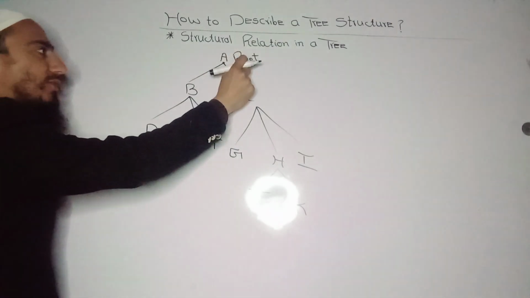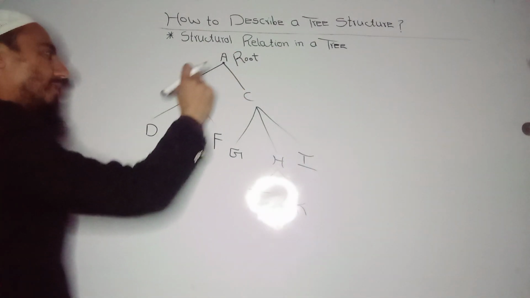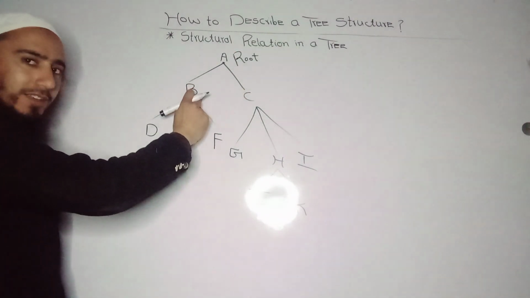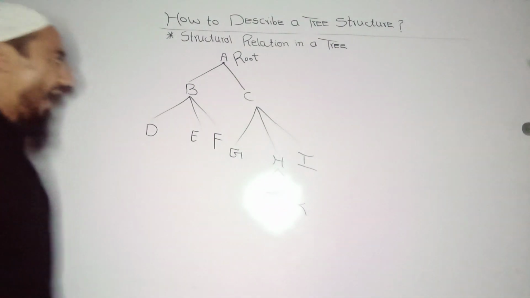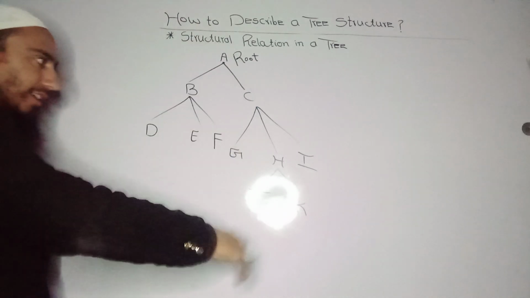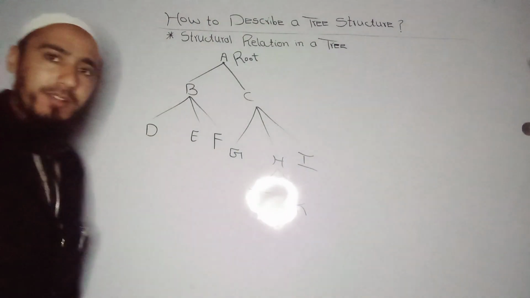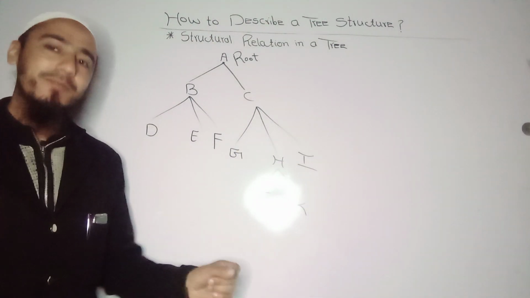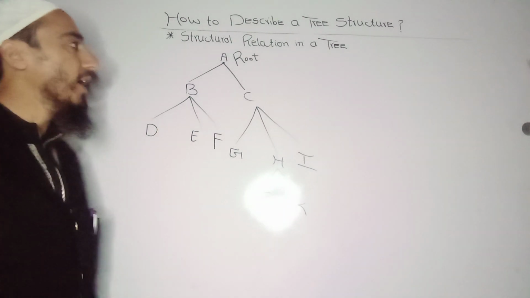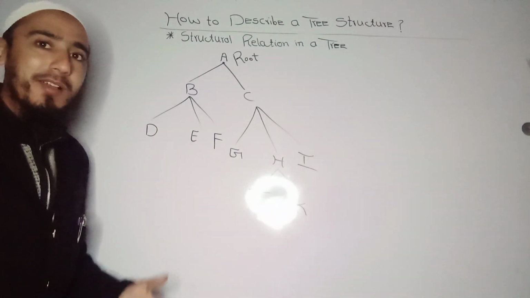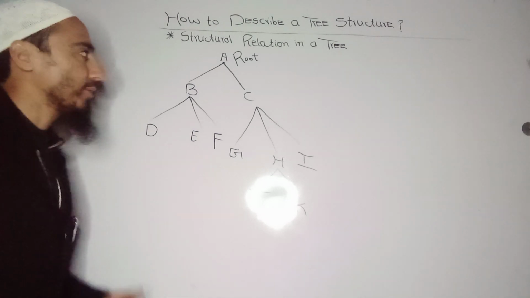Like this root node dominates node B, and it also dominates node C, and the same is the case, it dominates all the other nodes. This is why it's called the root node.